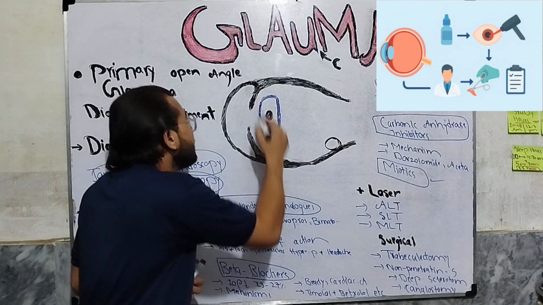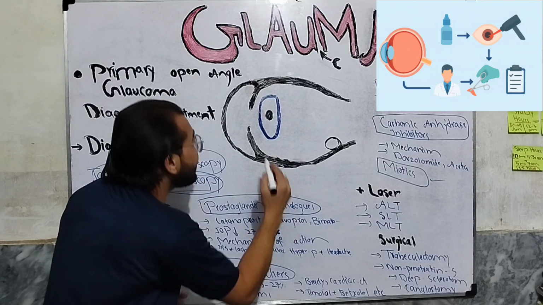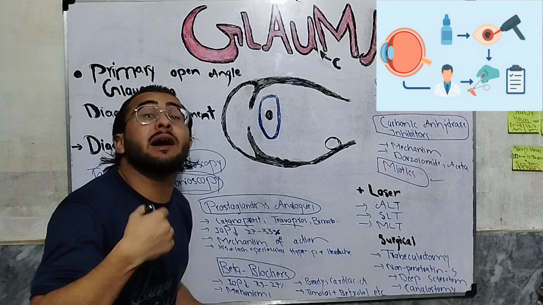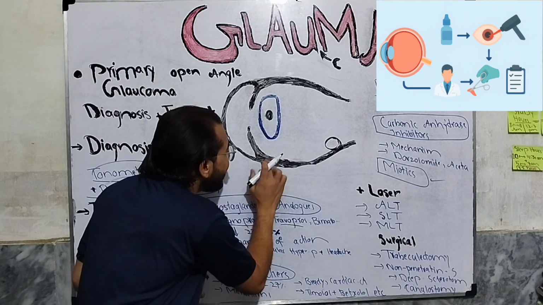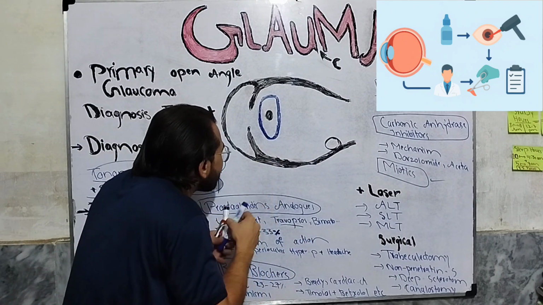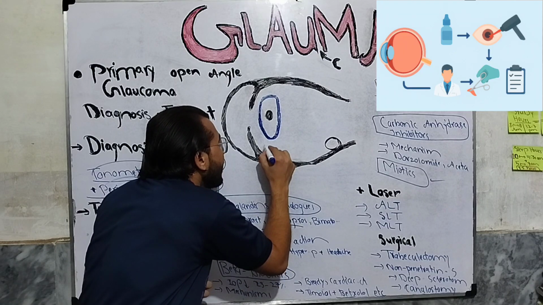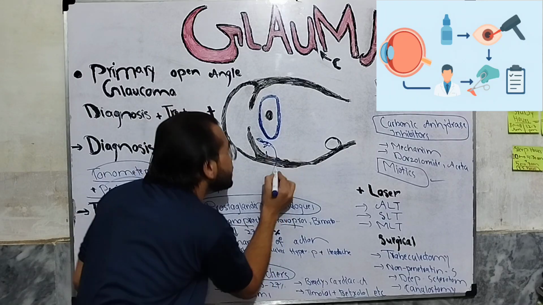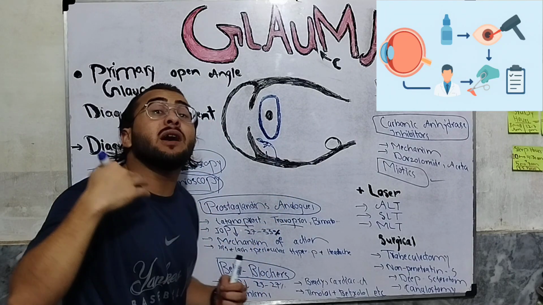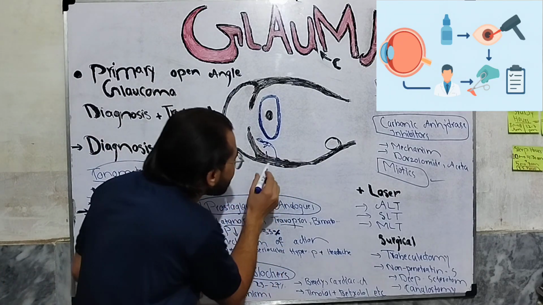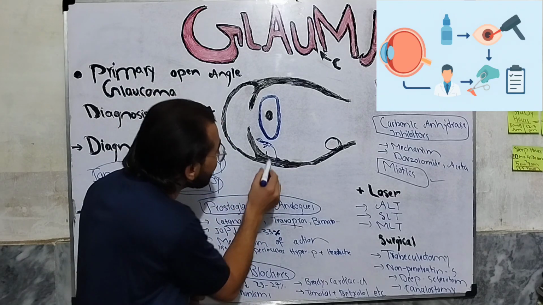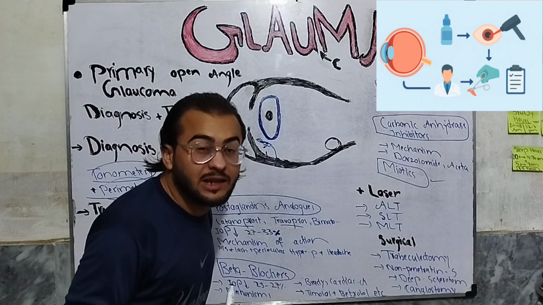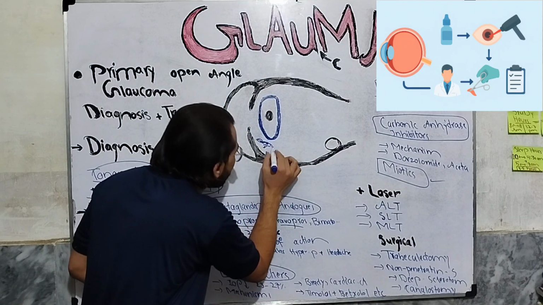So these prostaglandin analogs, for example latanoprost, travoprost, and bimatoprost, increase the outflow of the aqueous humor produced from the ciliary processes. This is a reverse flow, through the choroid and suprachoroidal layer. This fluid will be absorbed through the choroidal veins and intrascleral and episcleral veins.